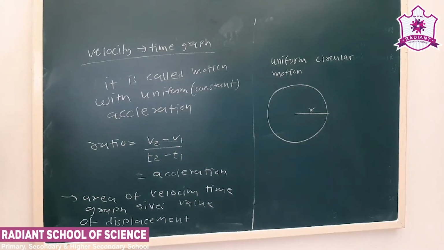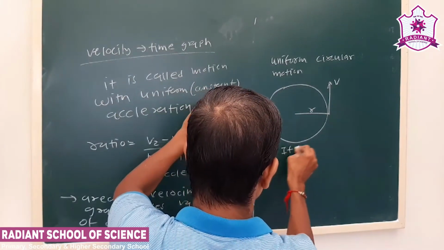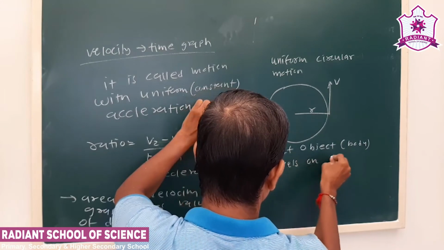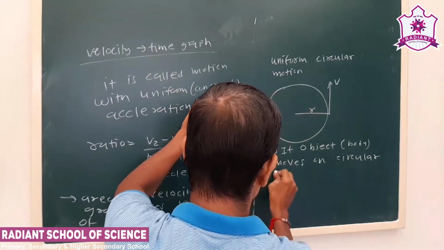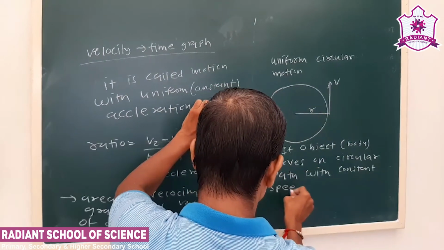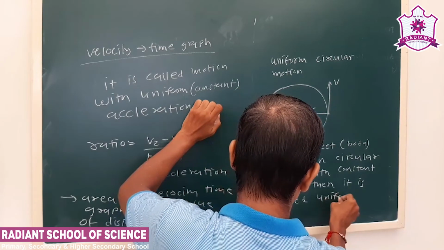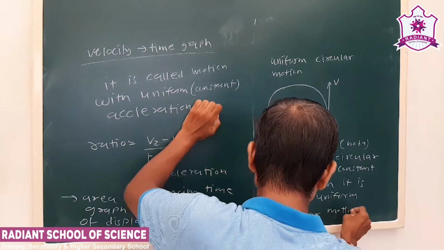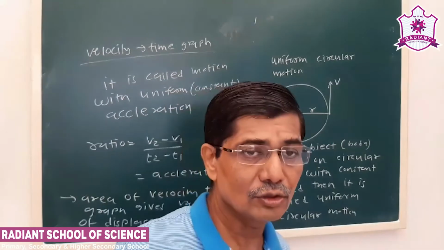If a body travels with a constant speed, if an object moves on a circular path with constant speed, then it is called uniform circular motion.